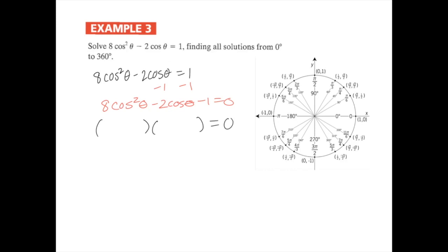And so it's going to be 4 cosine theta plus 1 and 2 cosine theta minus 1. And again, I just used either guess and check or split the middle for that. You can always FOIL it back out to check it. And then once it's factored, remember, I can use the zero product property. So I know that each one of these factors can be set equal to 0, and I have two equations to solve.